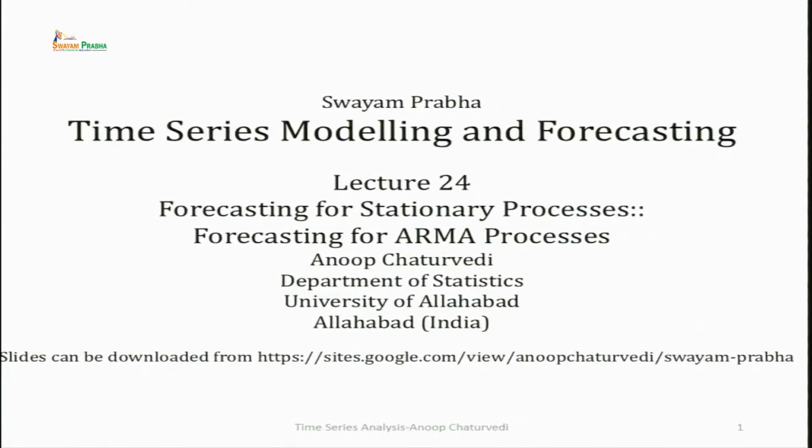We observed that the best linear unbiased predictor is given by the expectation of y t plus h given the information up to time t, denoted by F t. So, this gives you the best linear unbiased predictor for y t plus h.